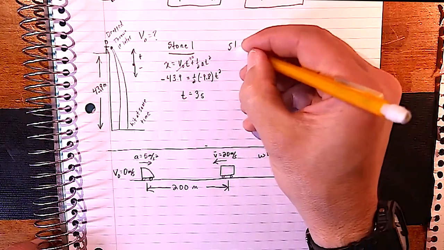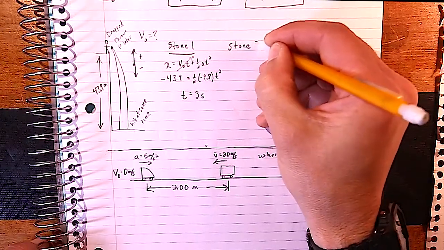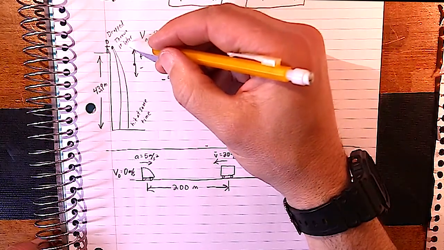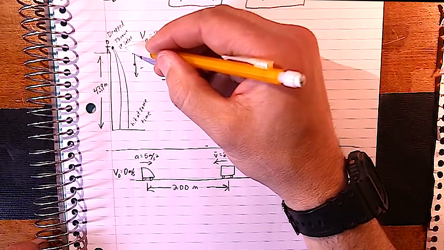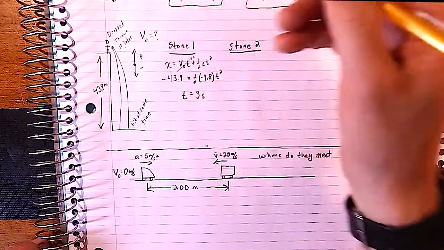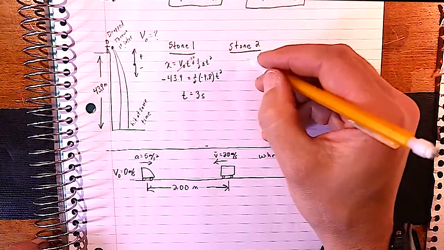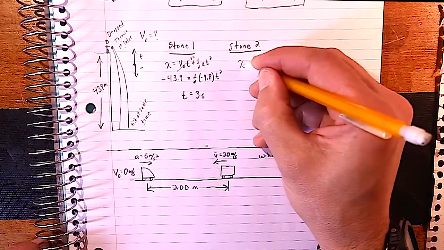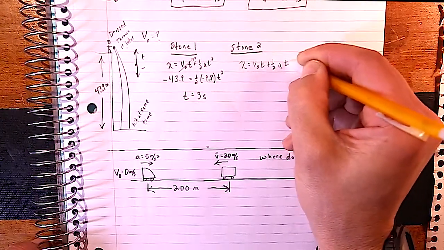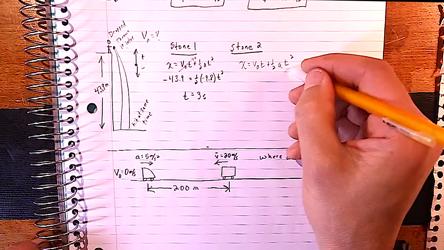So for stone 2, now we know the time, because stone 2 was thrown down 1 second later but hit the ground at the same time. So for stone 2, it only took 2 seconds. Now we can use the same formula, except we now know the time.